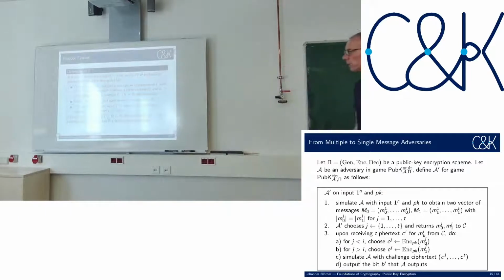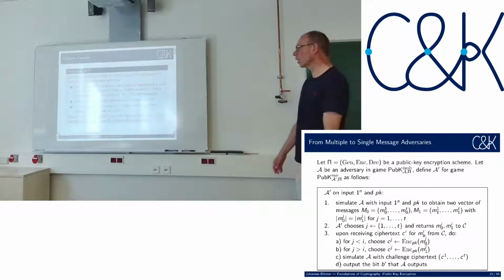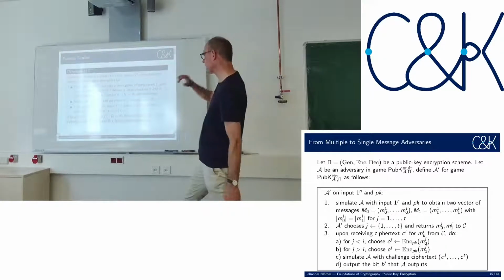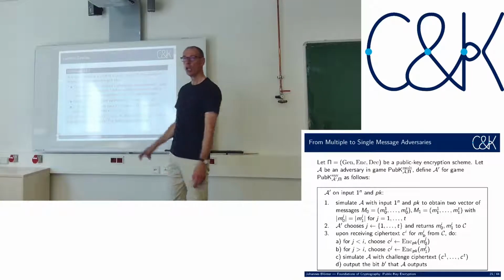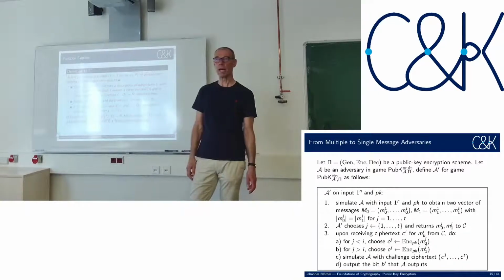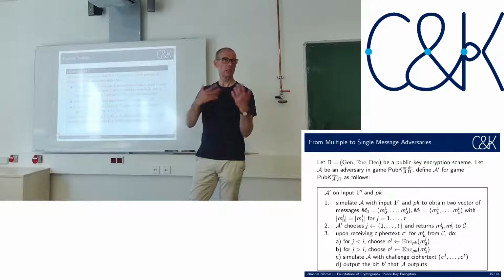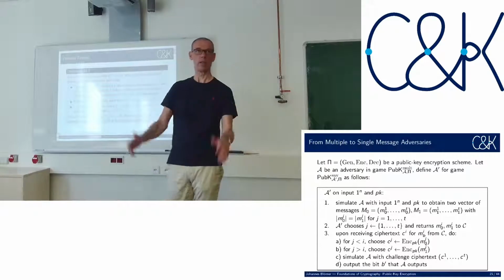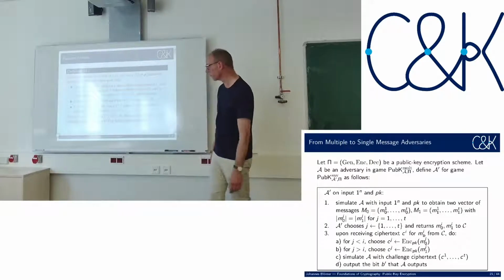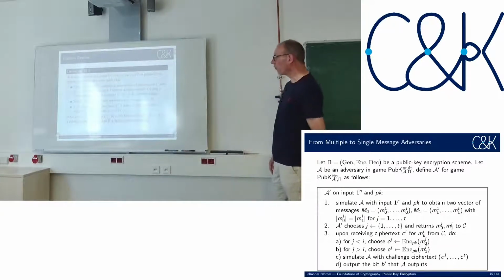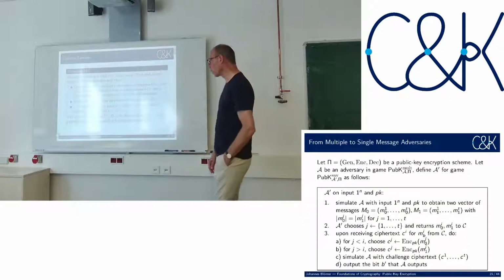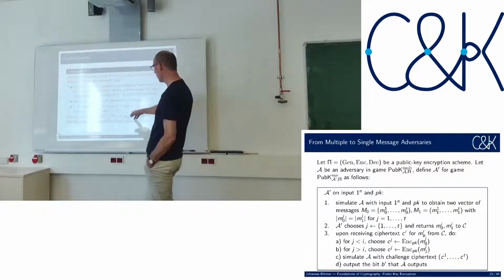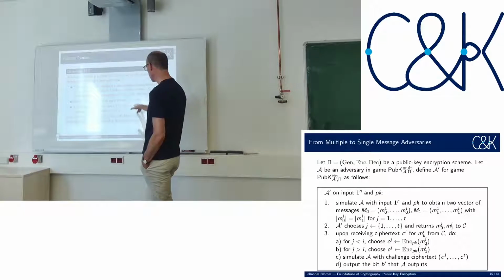The sampling algorithm on input 1^n and parameters I chooses an element uniformly at random from D_I. We know how to generate elements uniformly at random from finite sets, so that's what the sampling algorithm does. F is a deterministic algorithm with input 1^n, I, and an x in D_I.